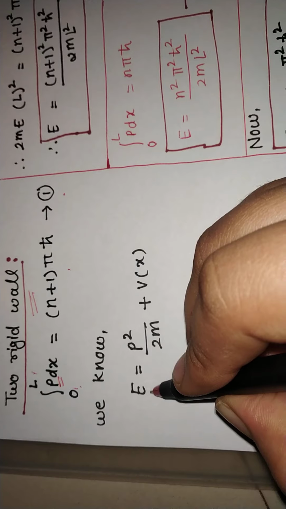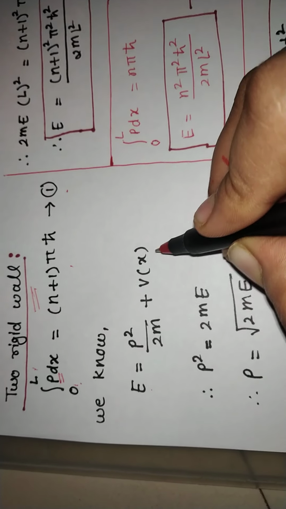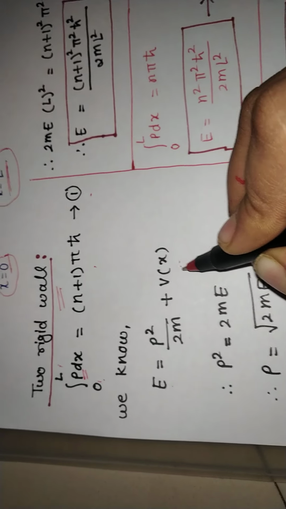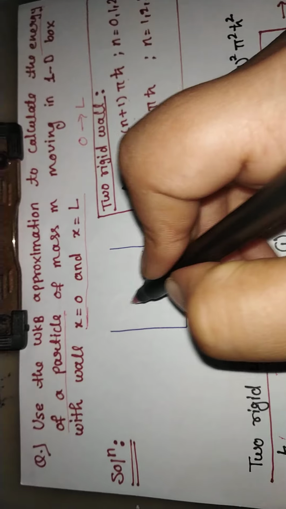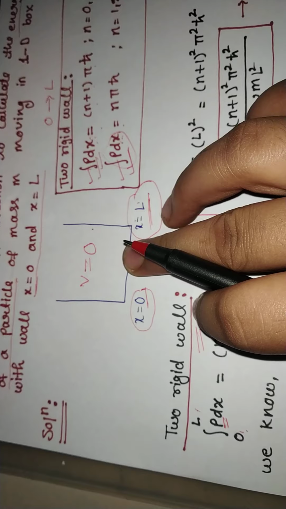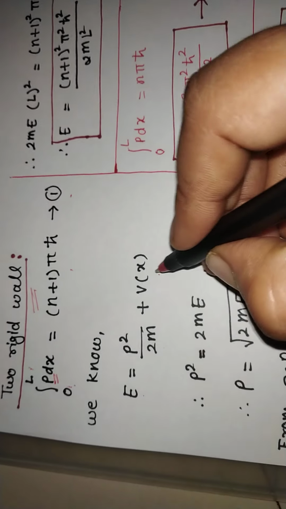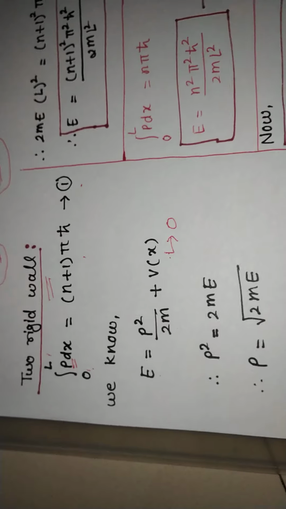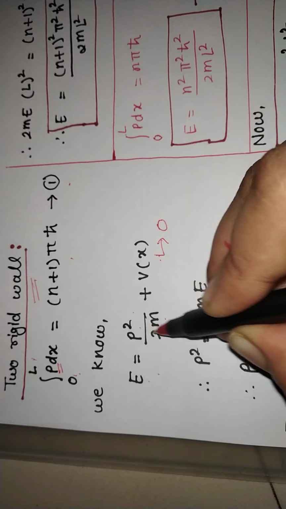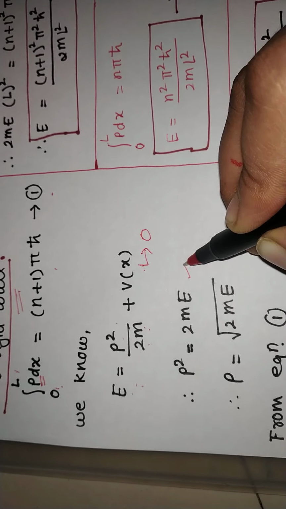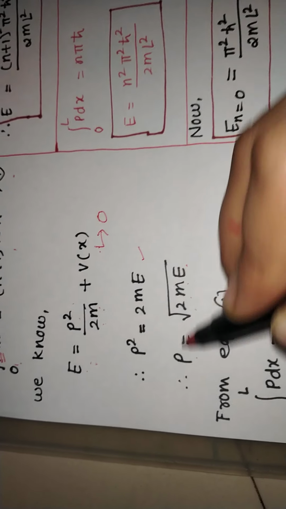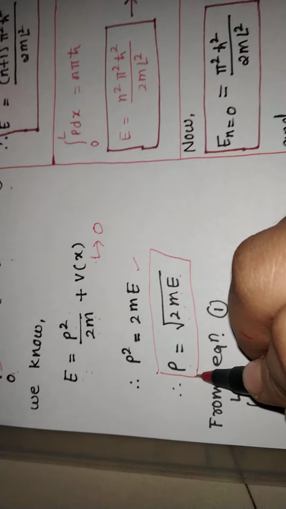Total energy is kinetic energy plus potential energy, and inside this potential well the potential is 0. So what remains is E equals p squared upon 2m. So p squared is 2mE, and p will be root over 2mE. This gives us the value of momentum.